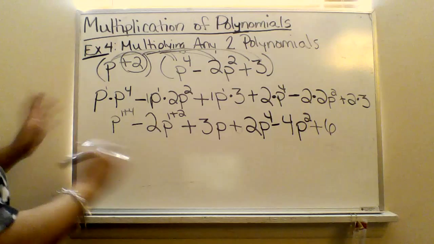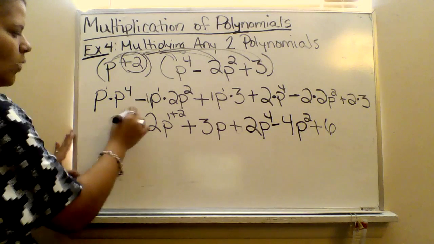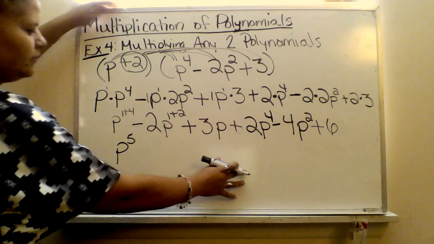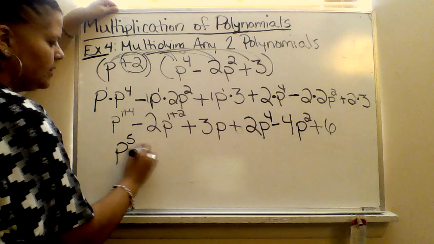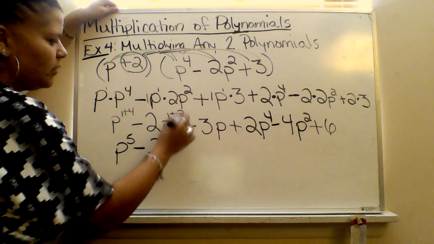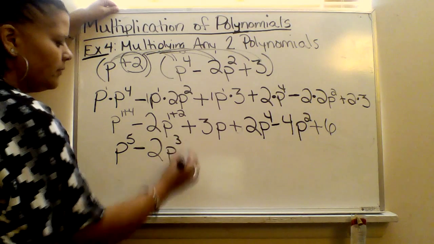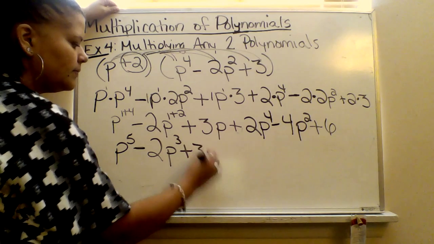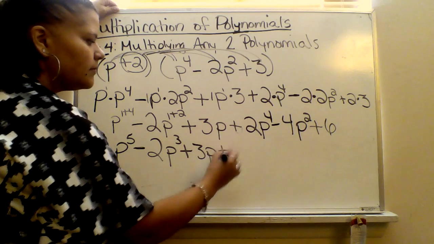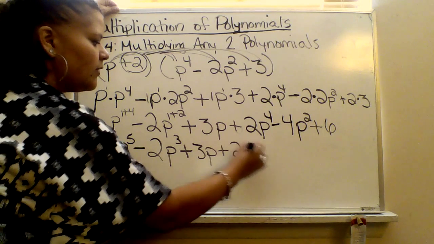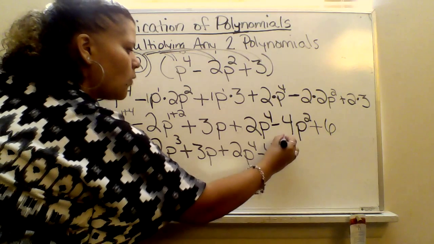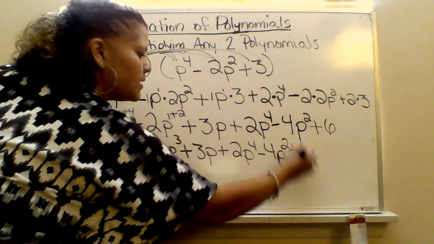Now let's simplify what we can. P to the 1 plus 4 is p to the 5th. Then I have my minus 2, and then p to the 1 plus 2, p to the 3rd, plus 3p, plus 2p to the 4th, minus 4p squared, plus 6.